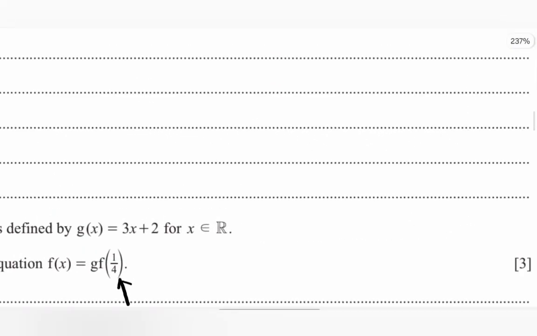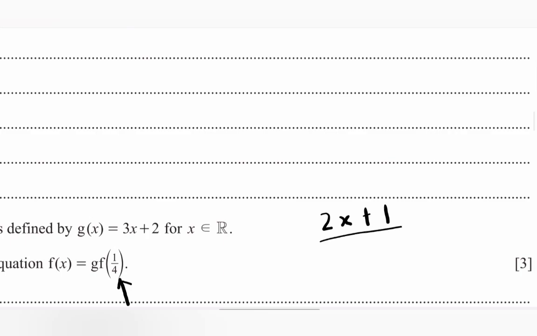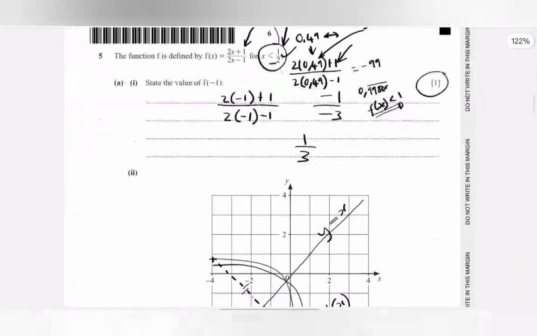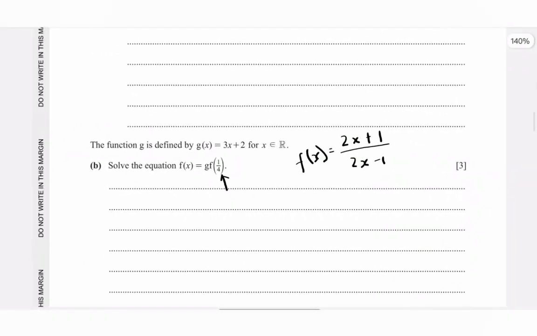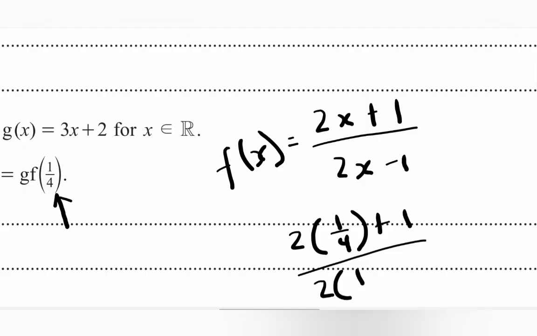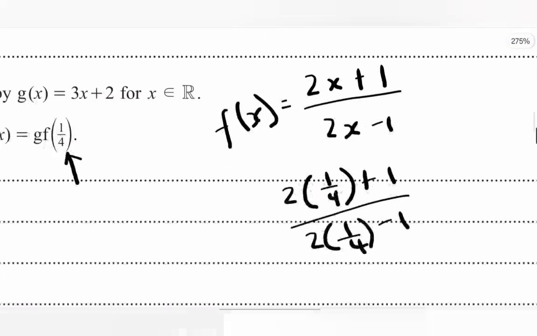F of a quarter, we have (2x plus 1)/(2x minus 1) for f of x, right? So if we have f of a quarter, it means we're substituting x with 1 over 4. So (2 times 1/4 plus 1) over (2 times 1/4 minus 1).